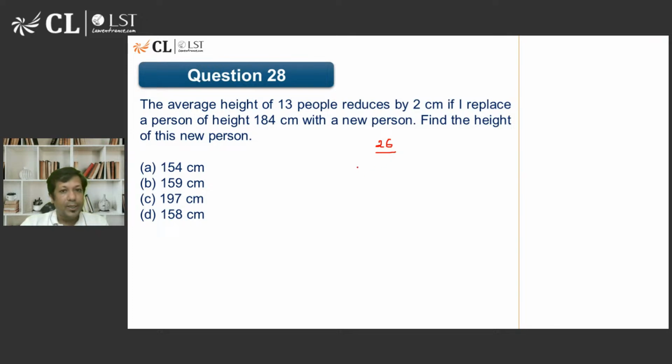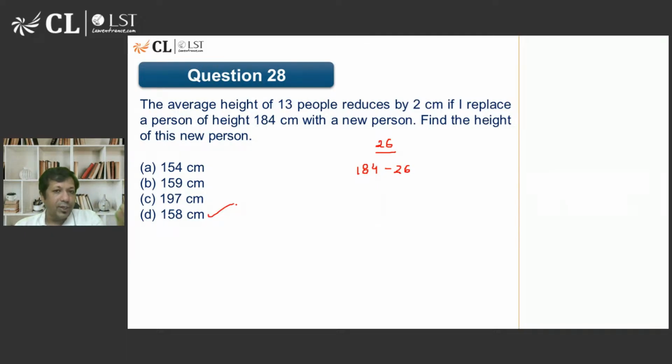If you replace a guy with 184 height with someone and the remaining people are the same, because of one replacement, sum is decreasing by 26. It means the replacement itself has a difference of 26. So the height of the new person is directly going to be 158, right?